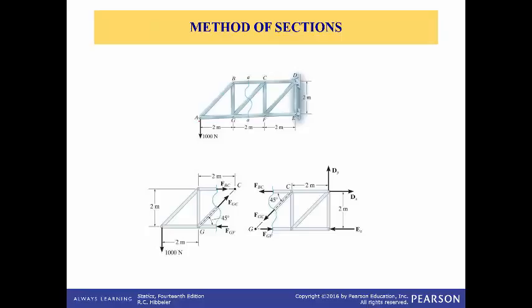So basically, here's an example of the method of sections. We cut through this section, and for the free body diagram, you draw the forces coming out of this structural member, the thin member, and you assume tension, so it's being pulled out. And of course, whenever we used the method of joints, we had the force coming in this direction because the structural member was in tension.